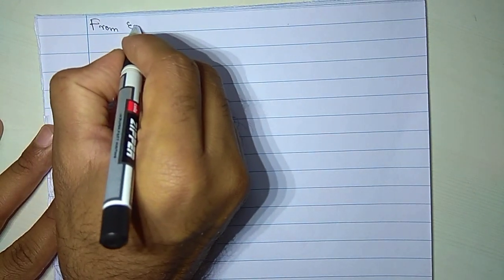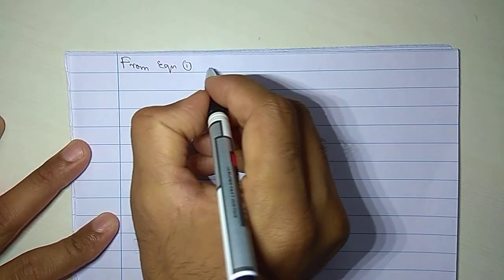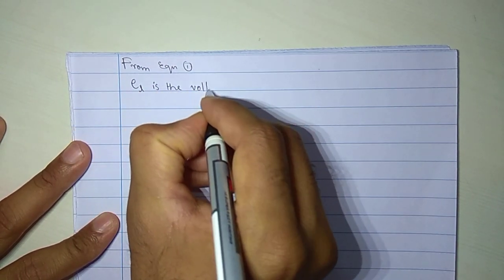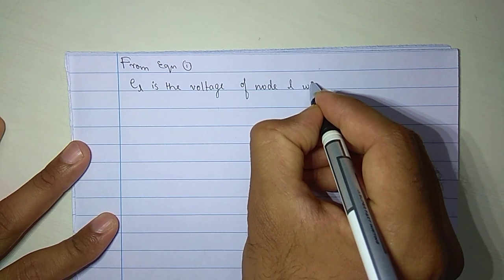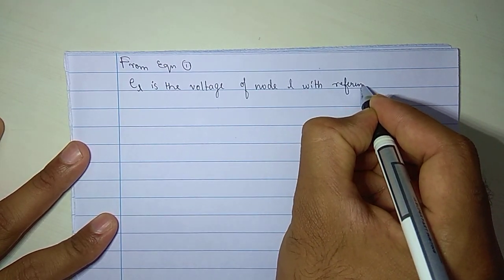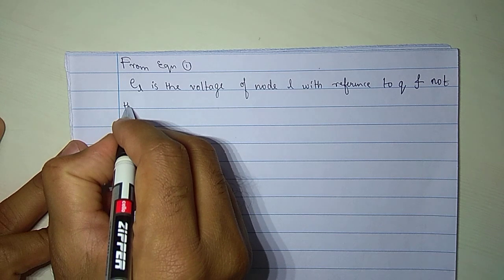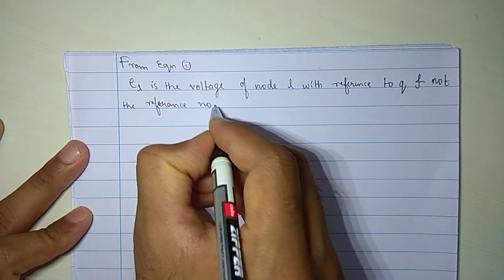So now we'll continue the derivation. From equation number 1, which we have recently derived, I can say that E suffix L is a voltage source, the voltage of node L with reference to Q and not the reference node.